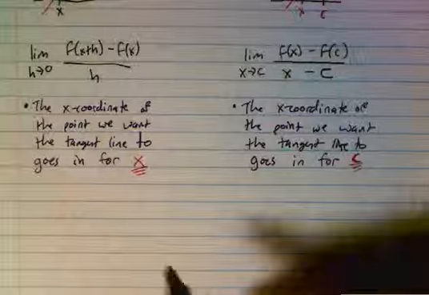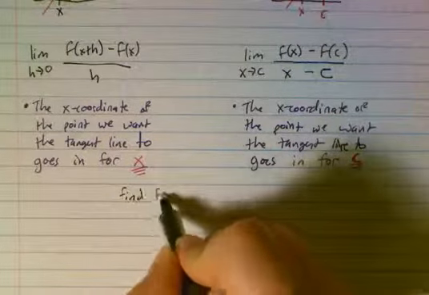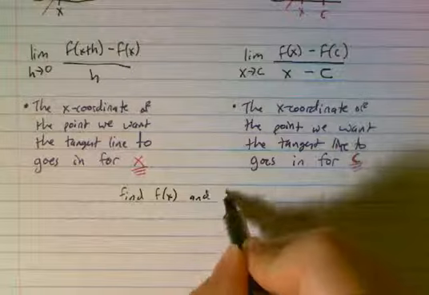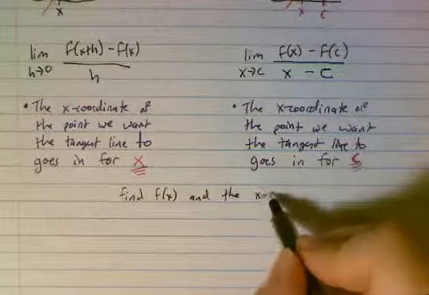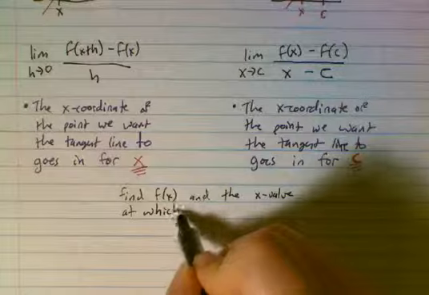So the types of problems that we're going to see is we're going to see that we want to find f of x and the x value at which we're taking the derivative.